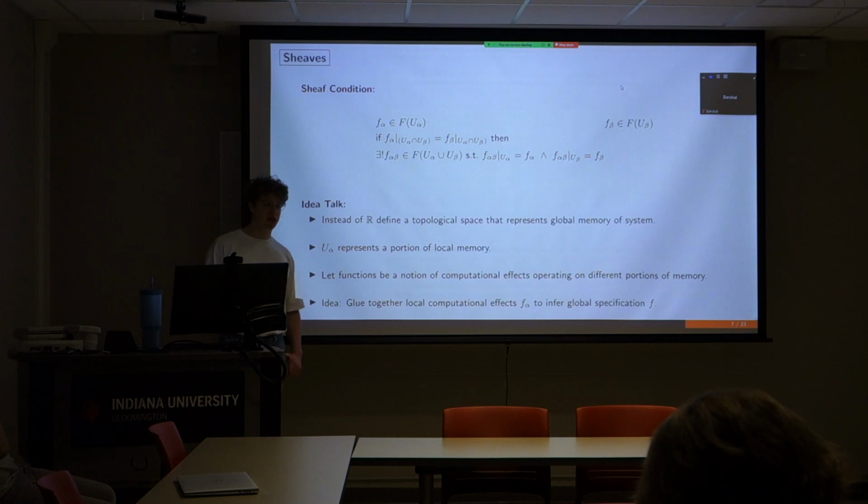And this gluing property is exactly what makes a pre-sheaf a sheaf. It says the following.